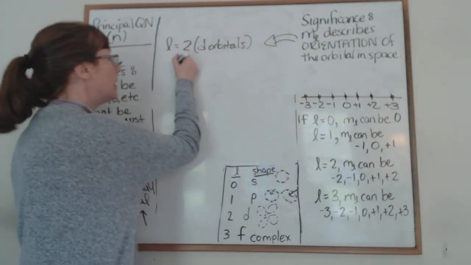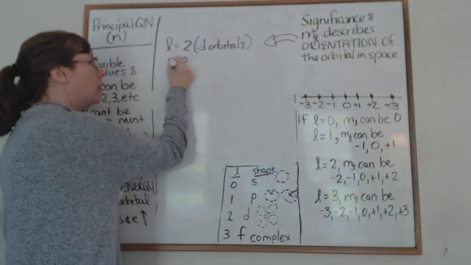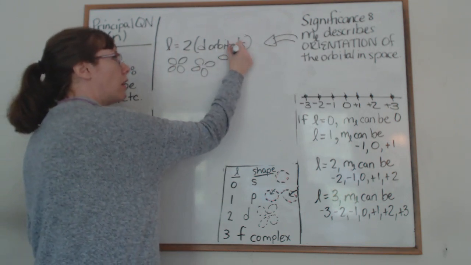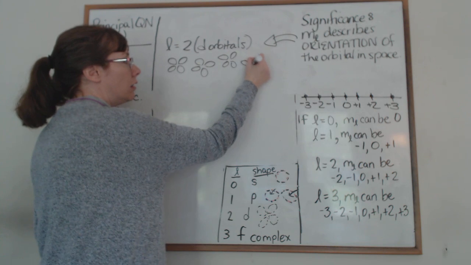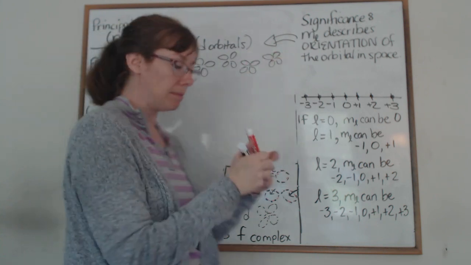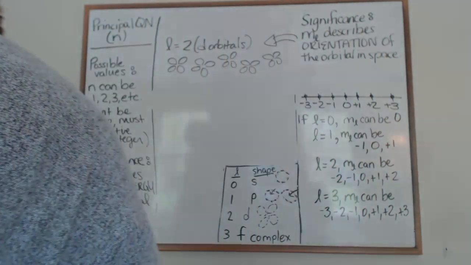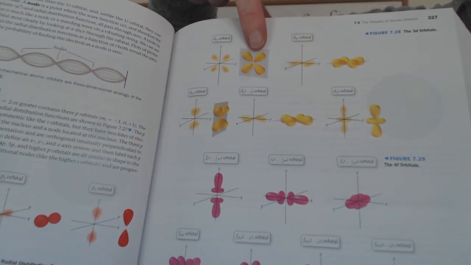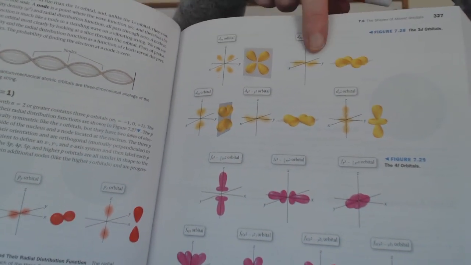And essentially that means that you'll have 5 of these oriented in different directions. I'm going to draw them like this. It's going to be hard for me to draw the different orientations, but you get 5 of them. That's what this picture is trying to show you. 5 of these clover leaves oriented in different directions around the center of the atom.